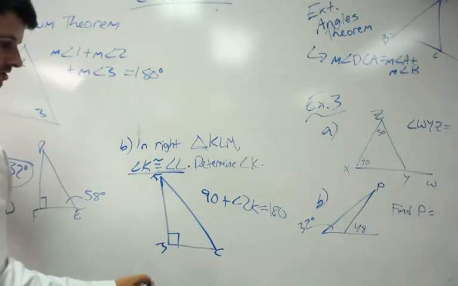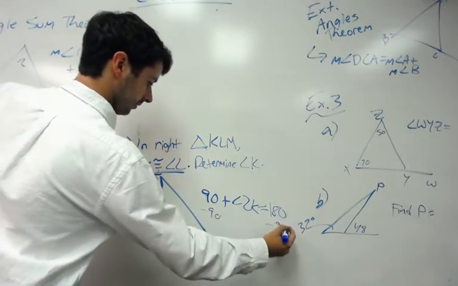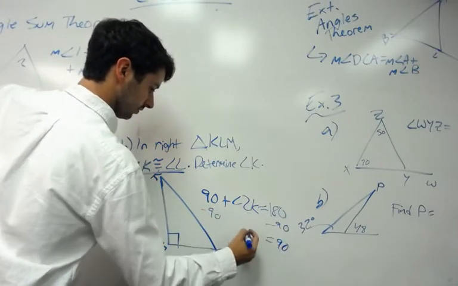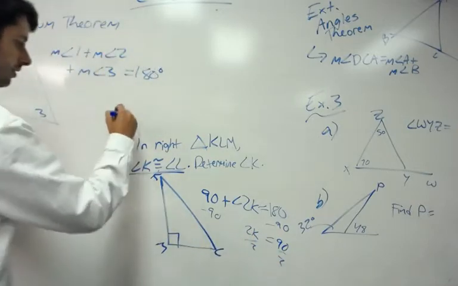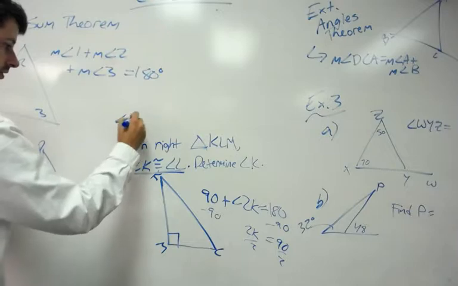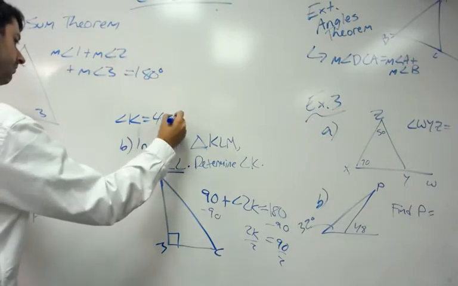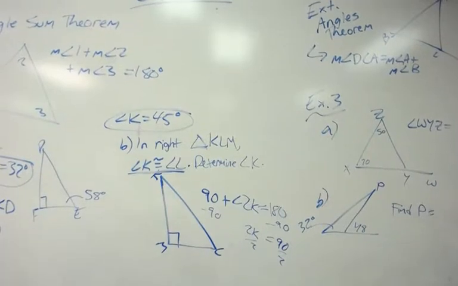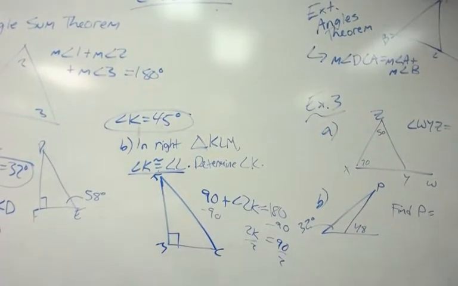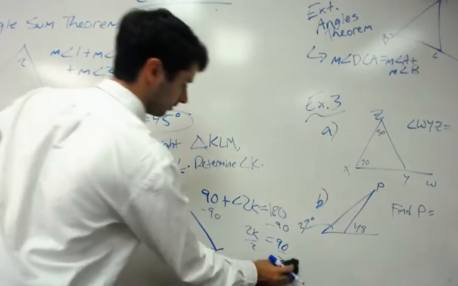Now we can solve. So subtract 90, 90 equals 2K. Divide by 2. Angle K would equal 45 degrees. And once again, that's just using the triangle sum theorem and a couple other parts that we know about triangles.